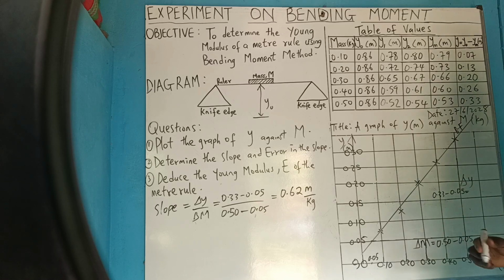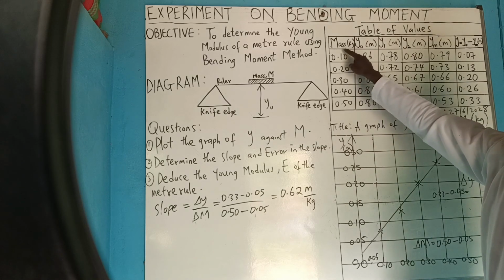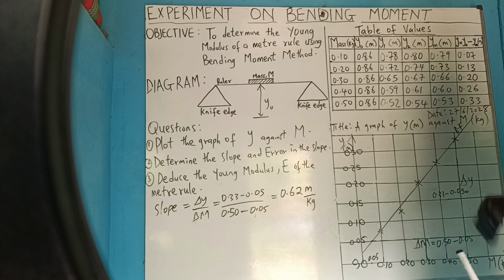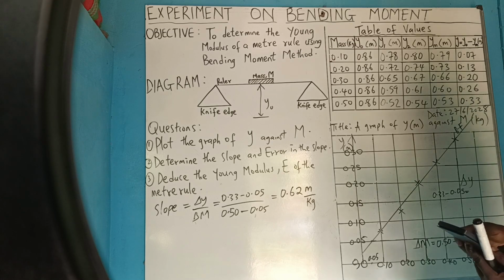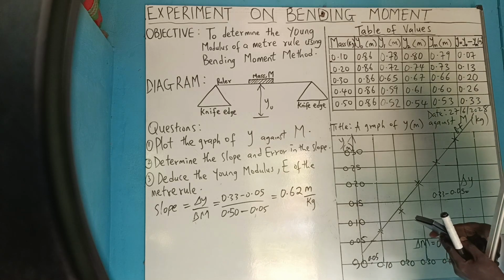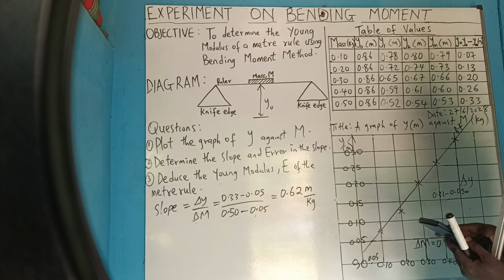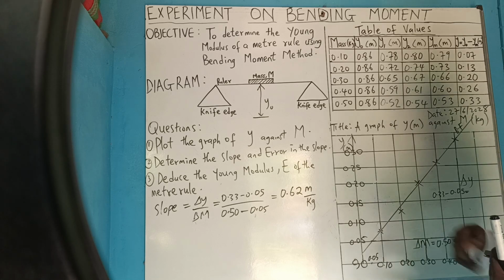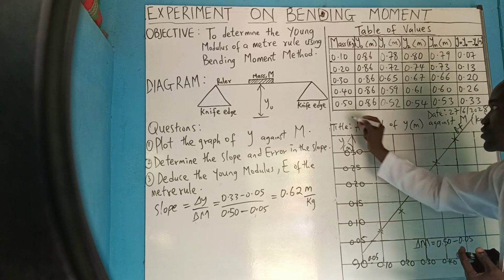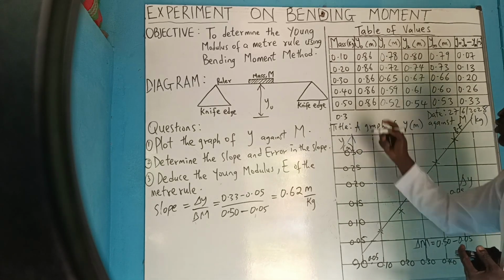To use that principle, I have to find the mean of mass and the mean of y. Let's get the mean. 0.1 plus 0.2 plus 0.3 plus 0.4 plus 0.5 divided by 5. I added everything here, divided by 5, it gave me 0.3. I note it.